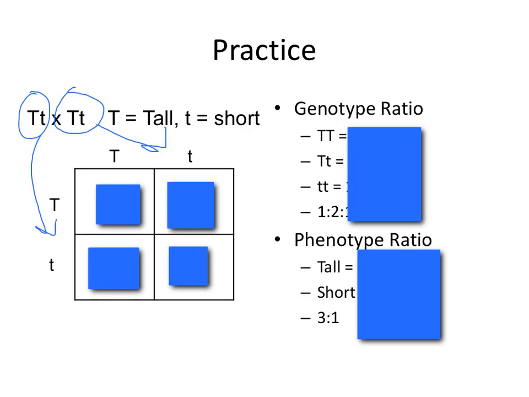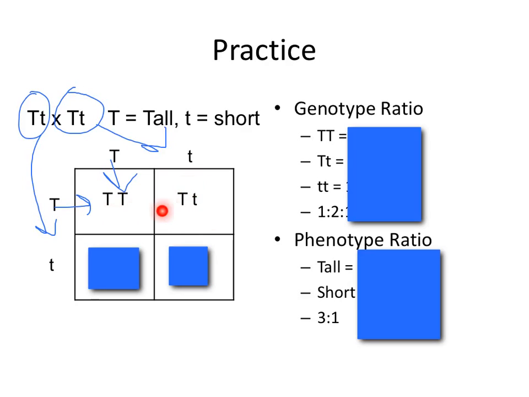To solve these, you just bring this guy over and bring this guy down and see what they equal. In this case, those two would combine to produce an offspring that is homozygous dominant. That is, it has two big T's. If we look at the next one, we get a heterozygous individual.